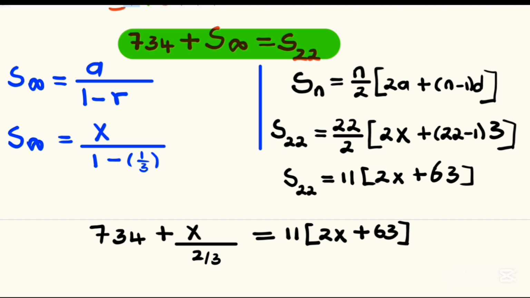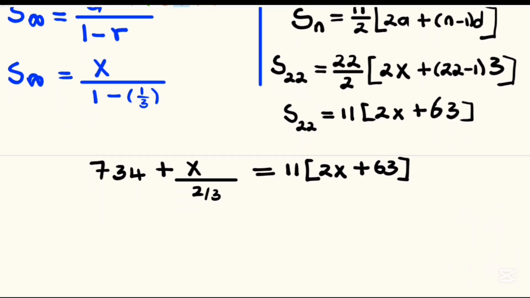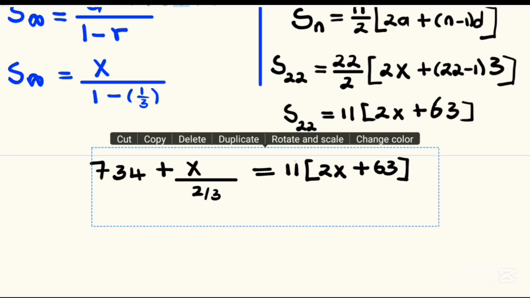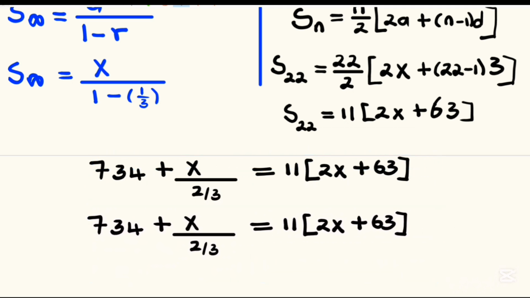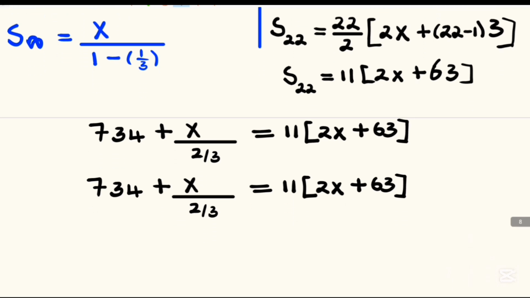On the right hand side, we distribute the 11 inside the parentheses. 11 multiplied by 2x is equal to 22x, plus 11 multiplied by 63, which is equal to 693.